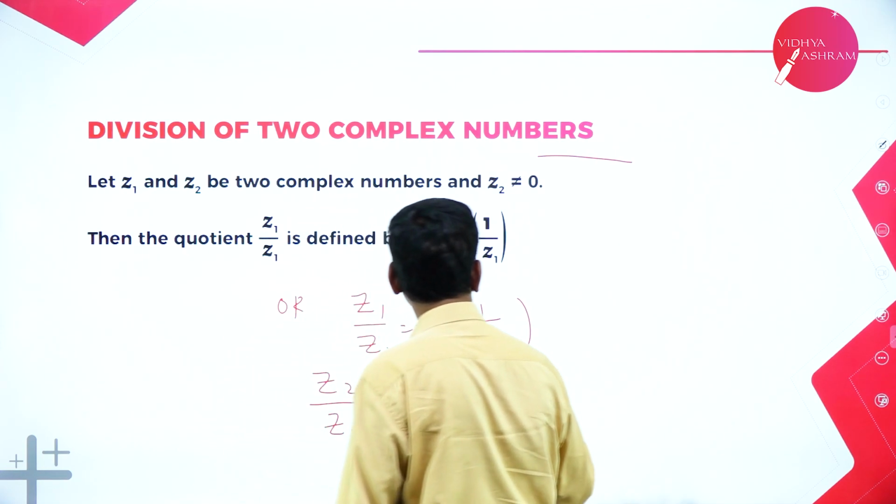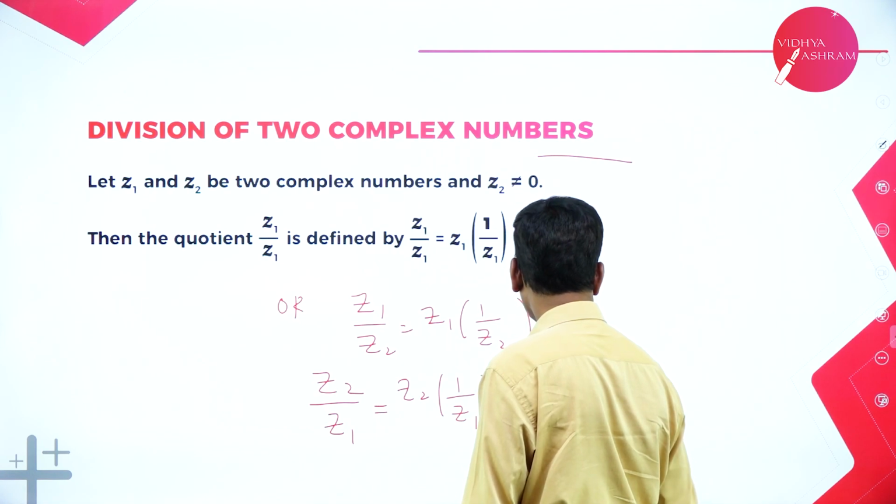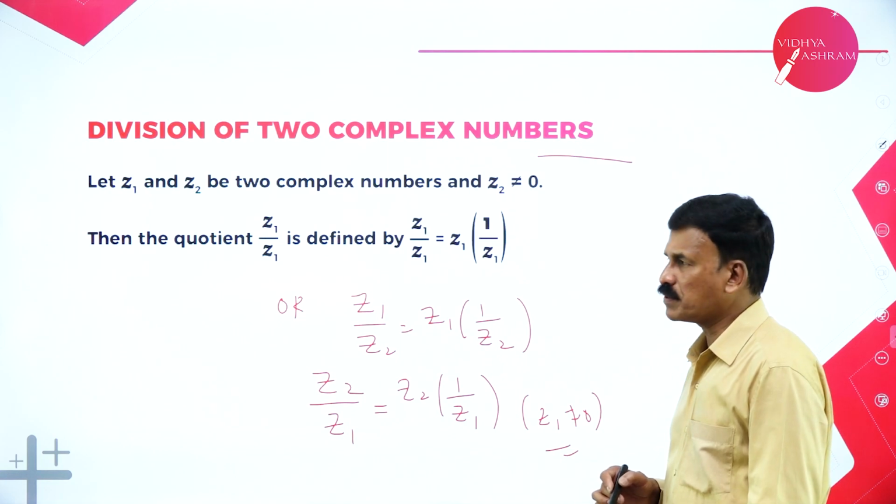Here in this case, z1 is not equal to 0, right? Now this is how we are going to divide a complex number.